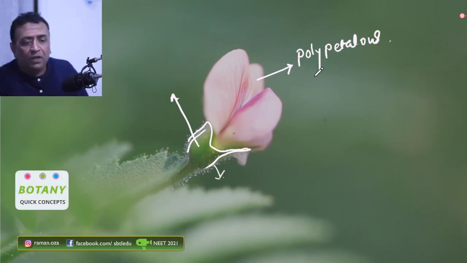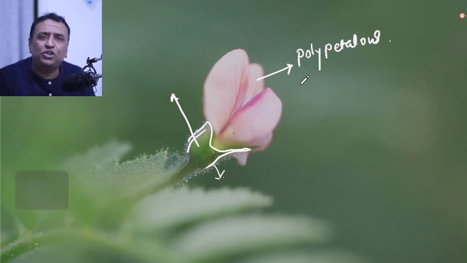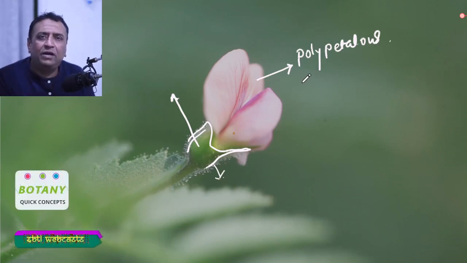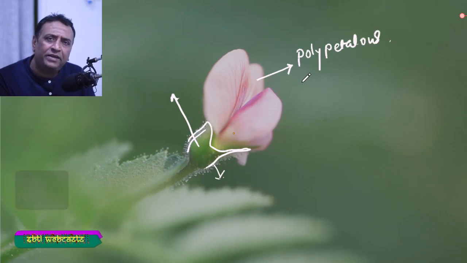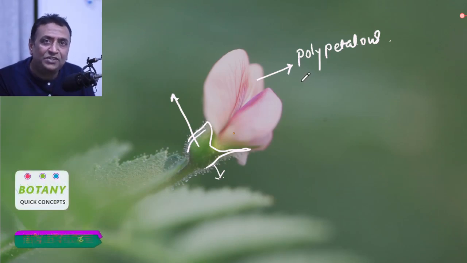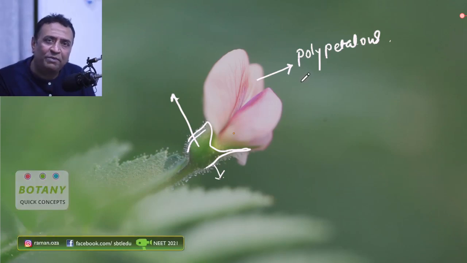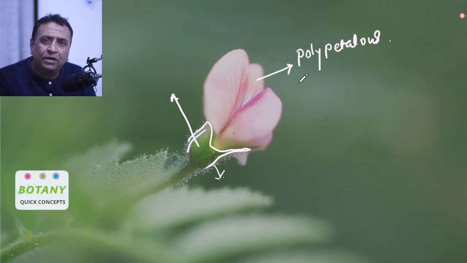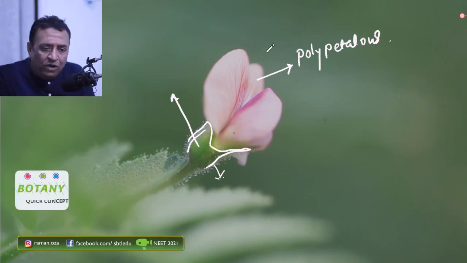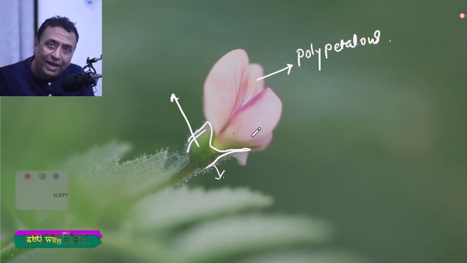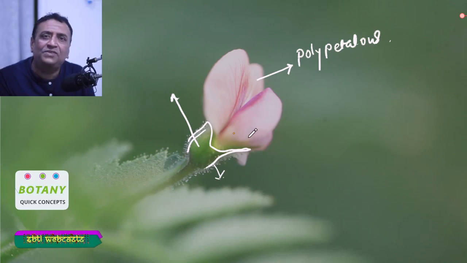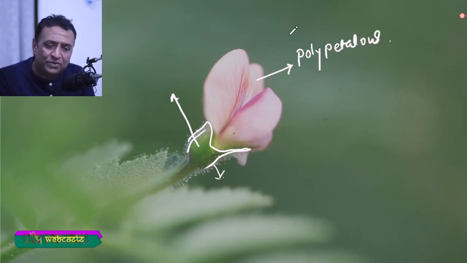One more thing, we studied the definition of flower, and we have studied that a flower is a highly condensed shoot modified for reproduction, and floral whorls are modified leaves. So this calyx, corolla, androecium, and gynoecium, all these are modifications of leaves.